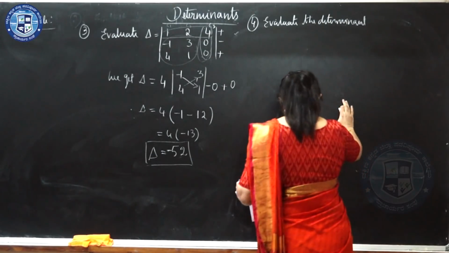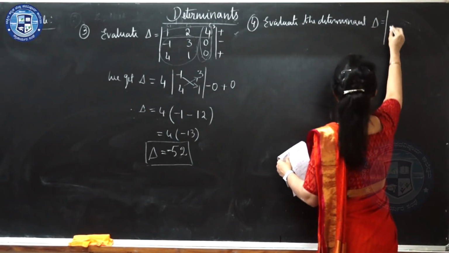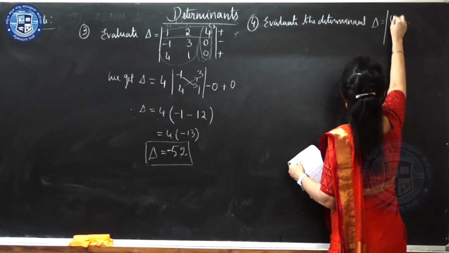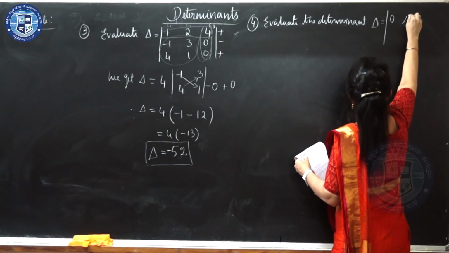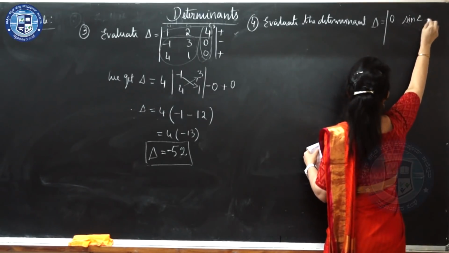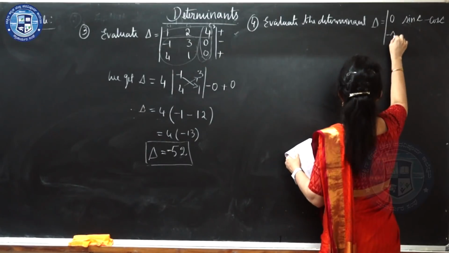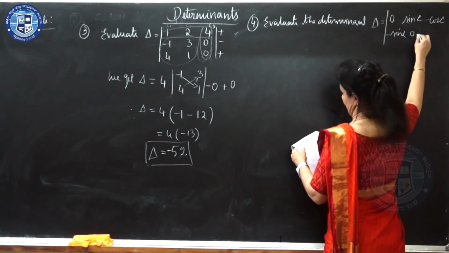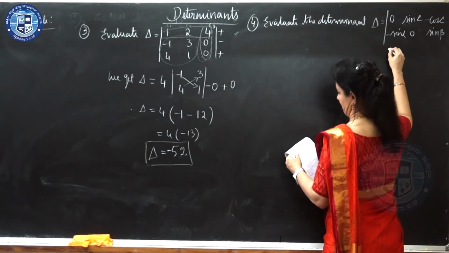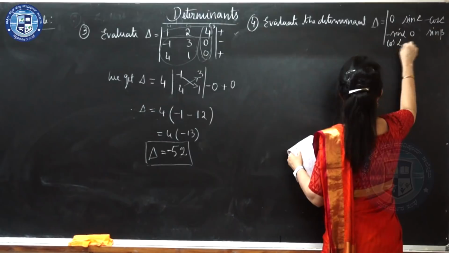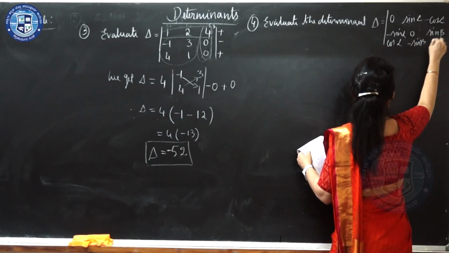Delta equals the determinant of 0, sin alpha, minus cos alpha; minus sin alpha, 0, sin beta; cos alpha, minus sin beta, 0.